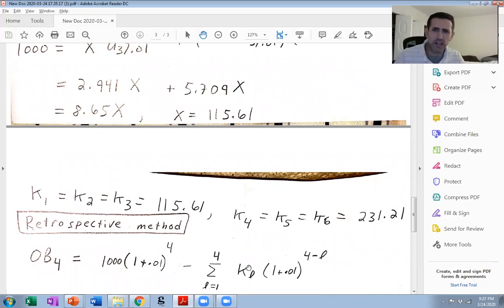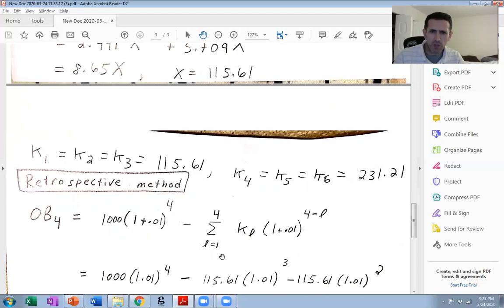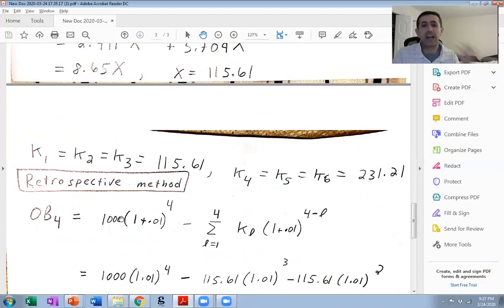We know what the K's are. First 3 K's are 115.61. Then it's 231.21. So it's 1,000 times 1.01 to the 4th. t equals 4. L is 1,000, remember, we were given that L is the loan amount. So for K1, 4 minus 1 is 3.